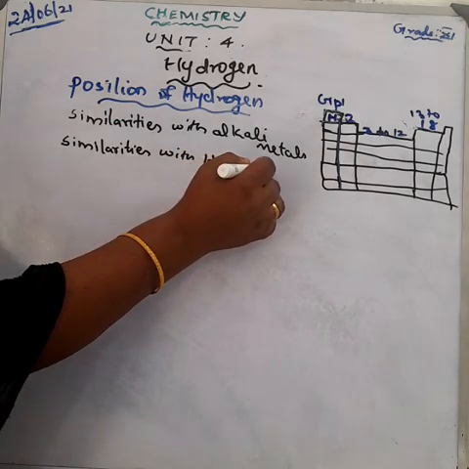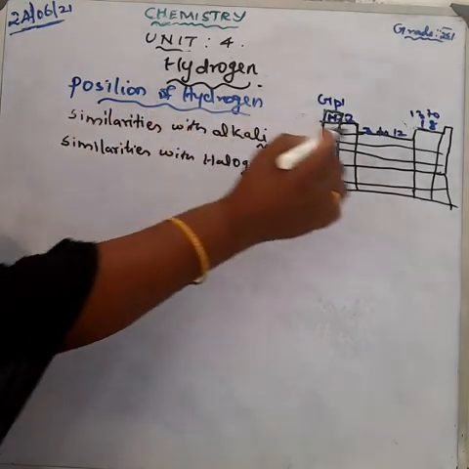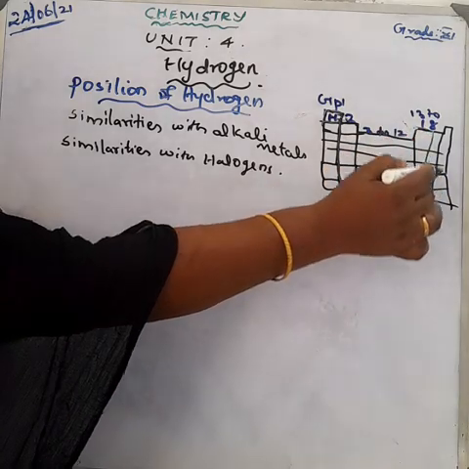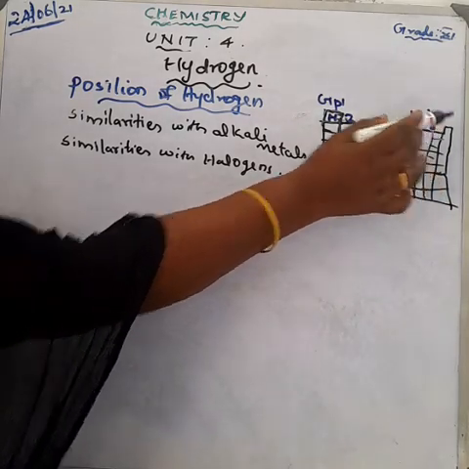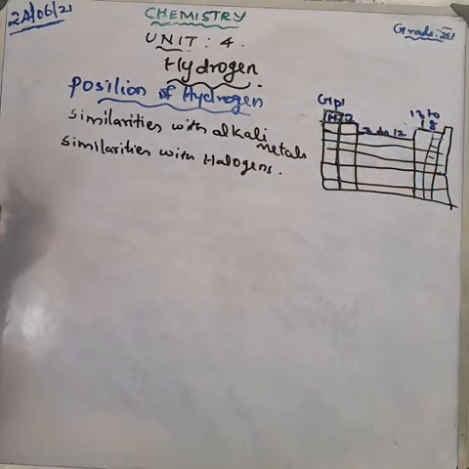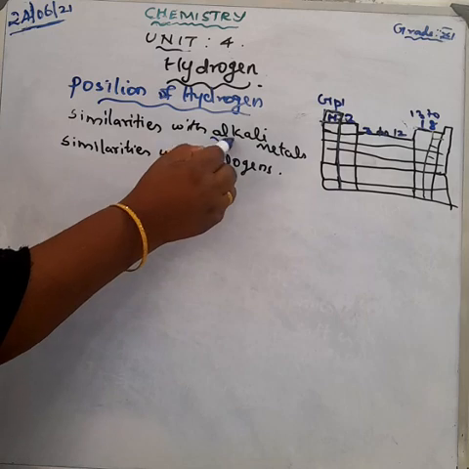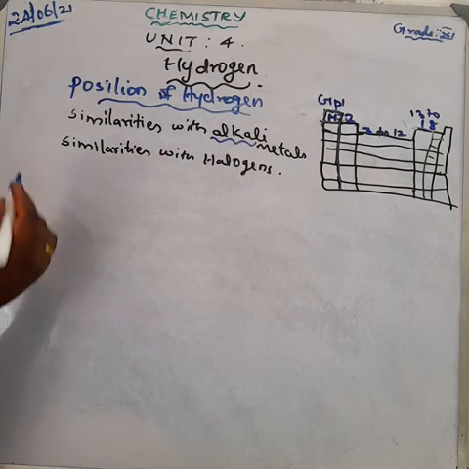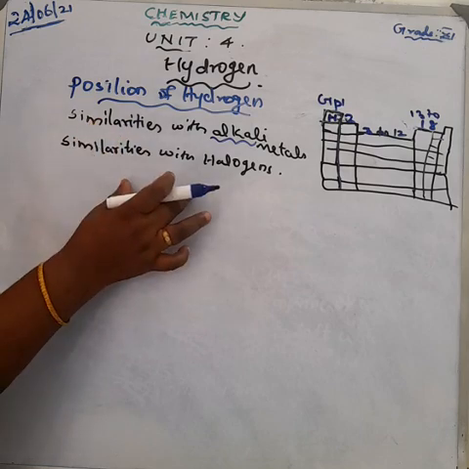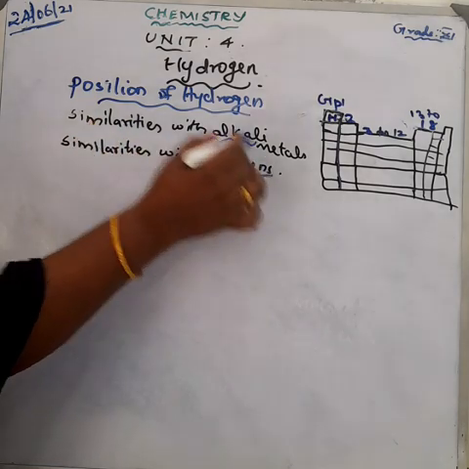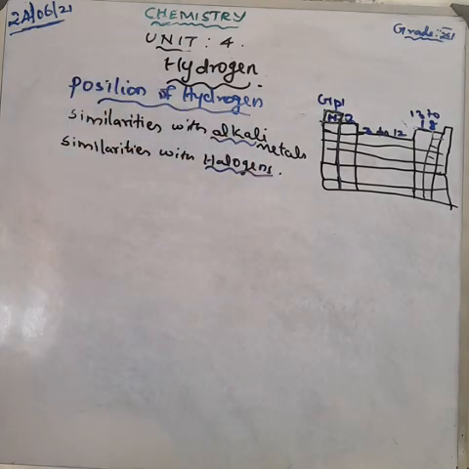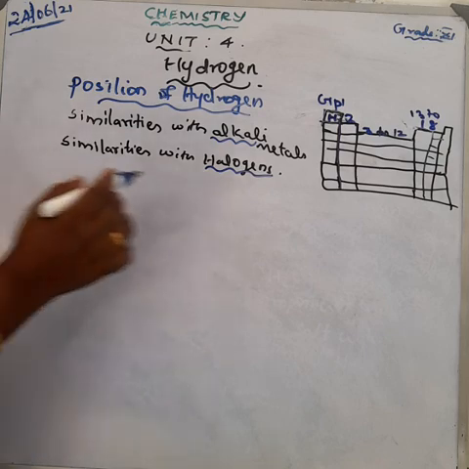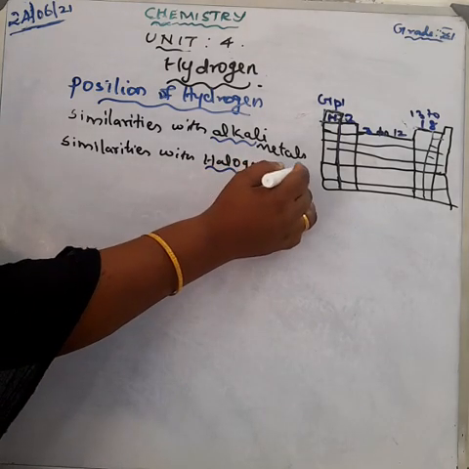Halogens, you know, group 17 elements we call the halogens. Some properties of the hydrogen atom are like the properties of alkali metals, and some properties of the hydrogen atom are similar to the halogens, group 17 elements. Alkali metal means group 1 elements.